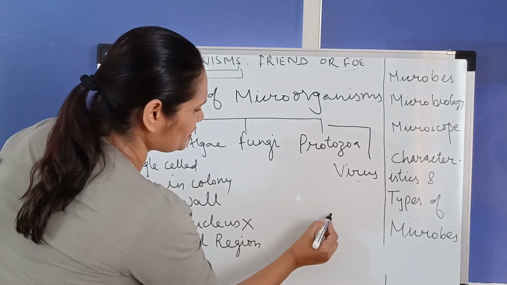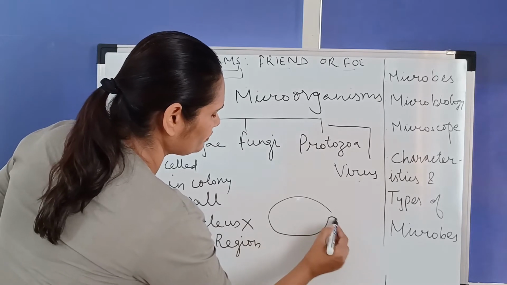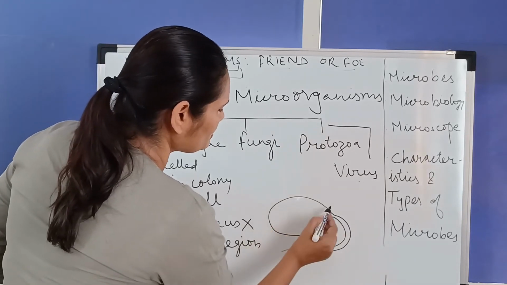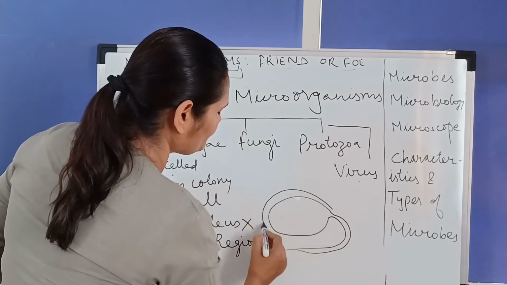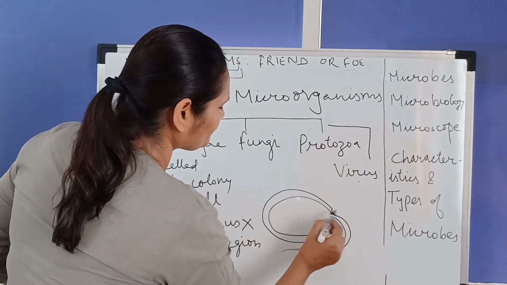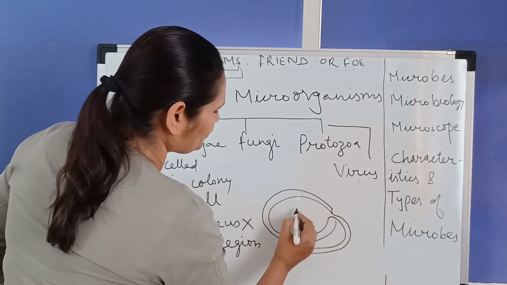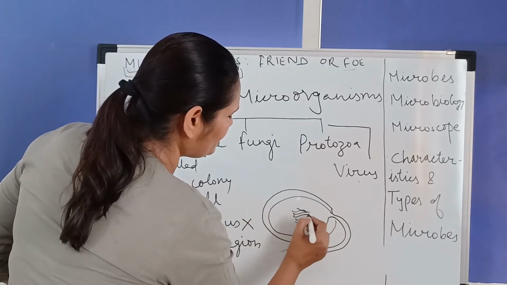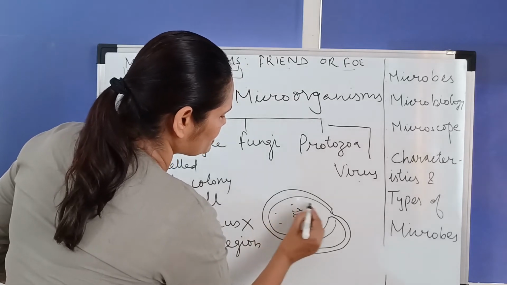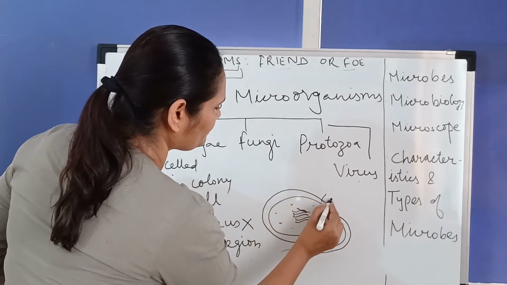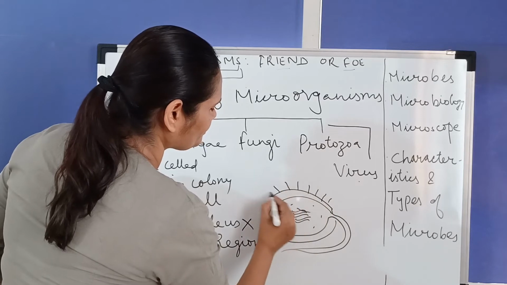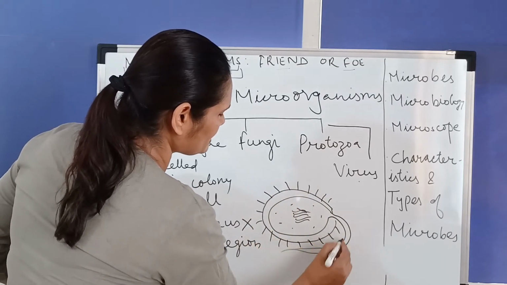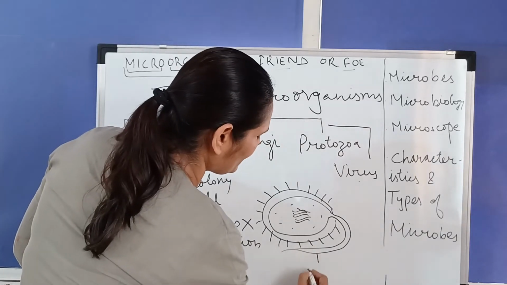For example, suppose this is the bacterial cell. So here we will see that DNA is scattered and other parts will be there. Somewhat like this is the structure of the bacterial cell. Yes, this is flagella.